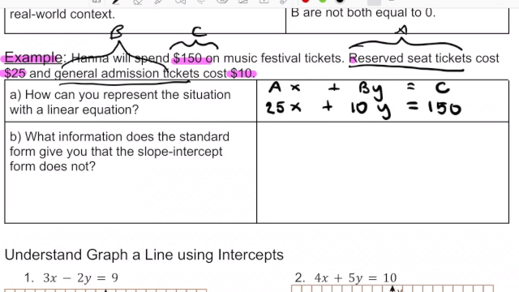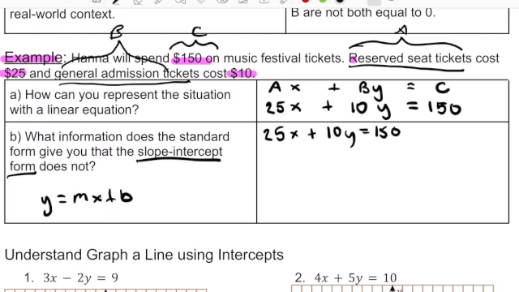Now, what information does the standard form give you that the slope-intercept form does not? So our standard form is ax plus by equals c, and we know that our equation is 25x plus 10y equals 150. Now we need to put this into slope-intercept form, which is y equals mx plus b.